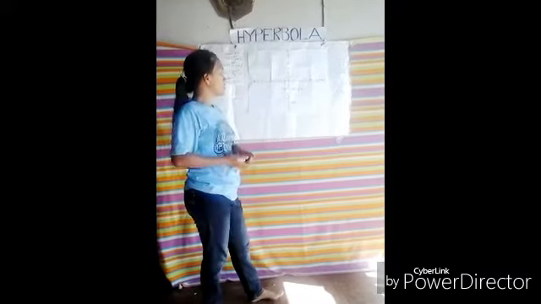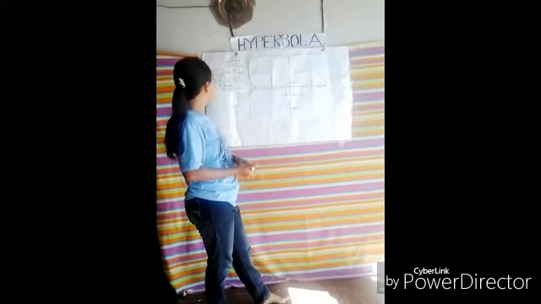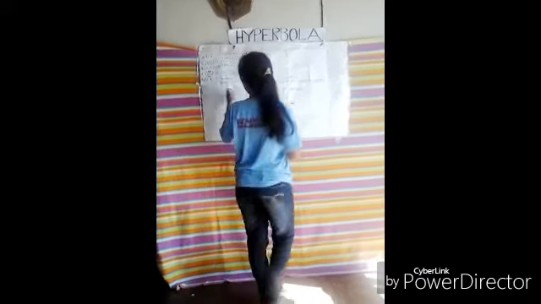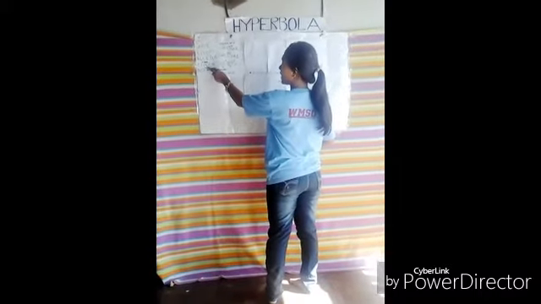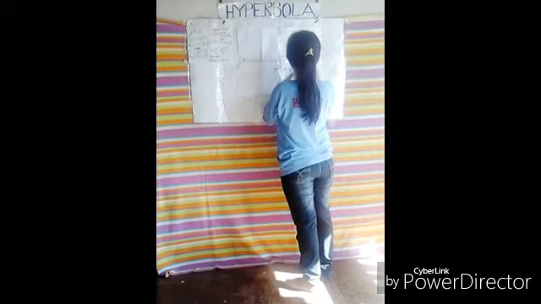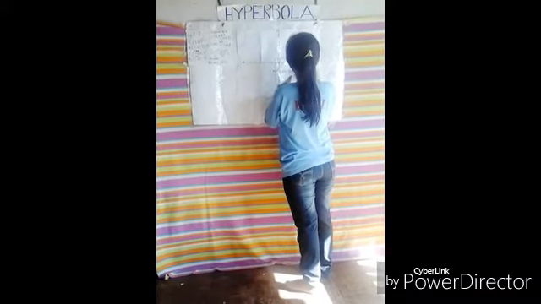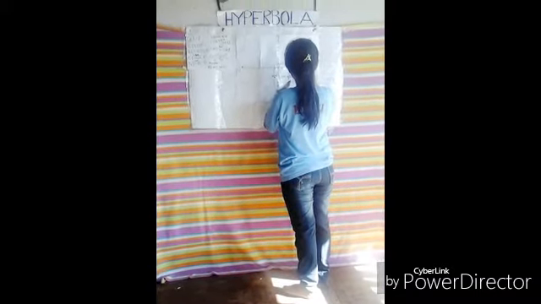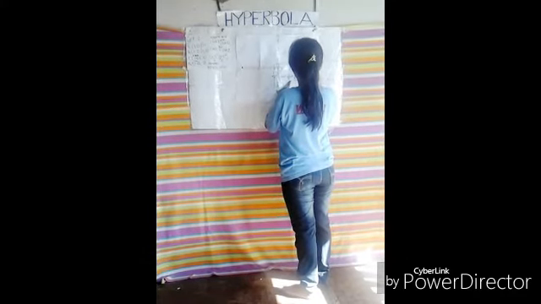The next is locate the foci. Our foci are positive 1 plus square root of 13 and negative 2. So here, focus 1 is 1 plus square root of 13 and negative 2.